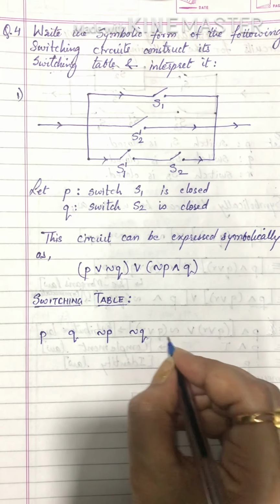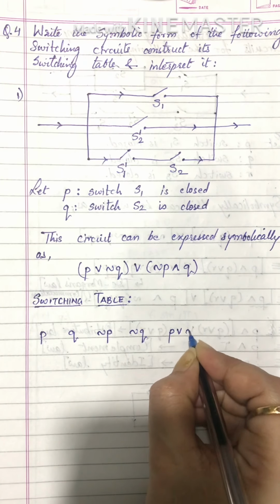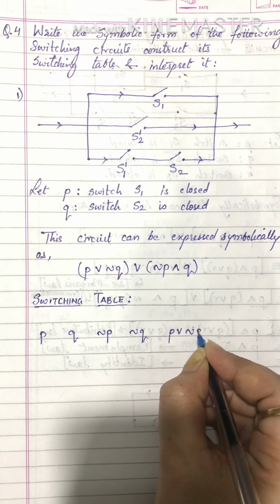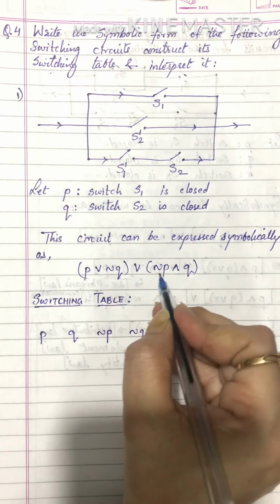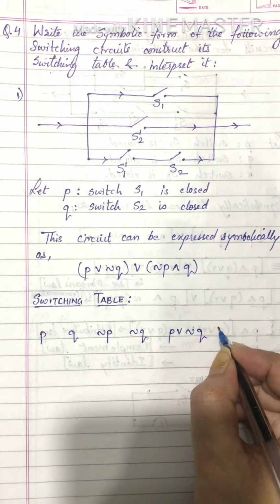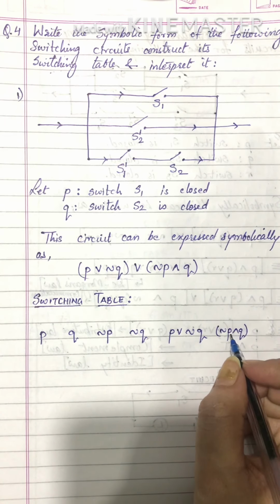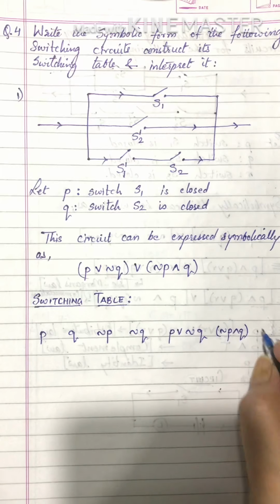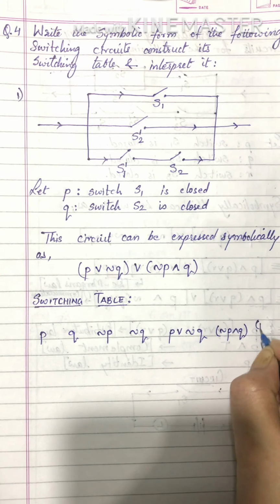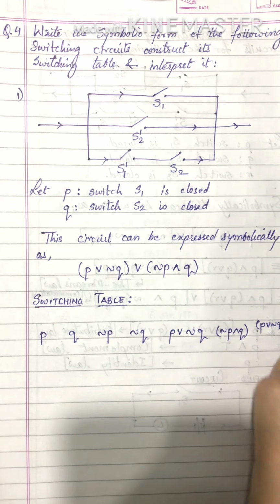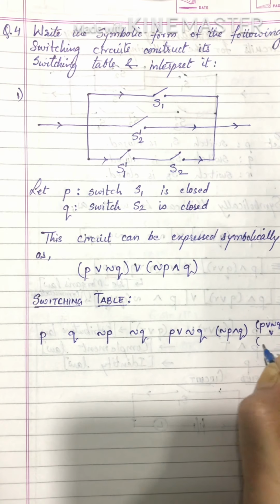No hard and fast rule for this. Next we will take P or negation Q, then this bracket, negation P and Q, and then the last bracket, this full thing: P or negation Q or negation P and Q.